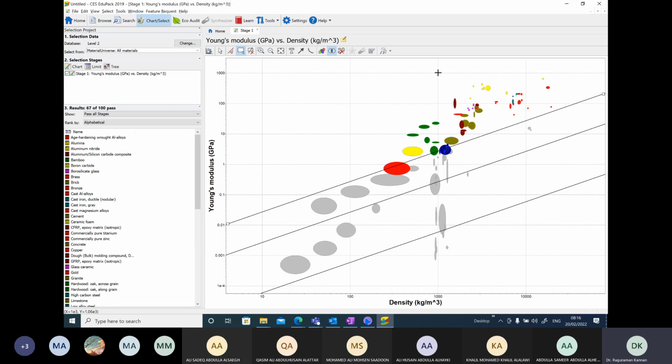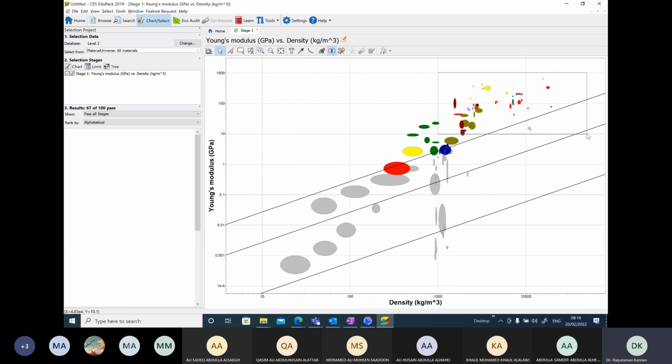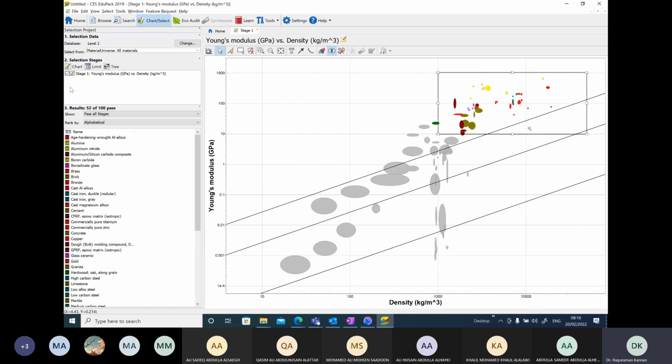I will be able to draw a box here, box selection, and you can see only materials in this area will be displayed. So this is how I can use my material index by choosing only certain types of materials to be used. Okay, so a simple example, you will do this manually. Similarly, we can create other charts as well.